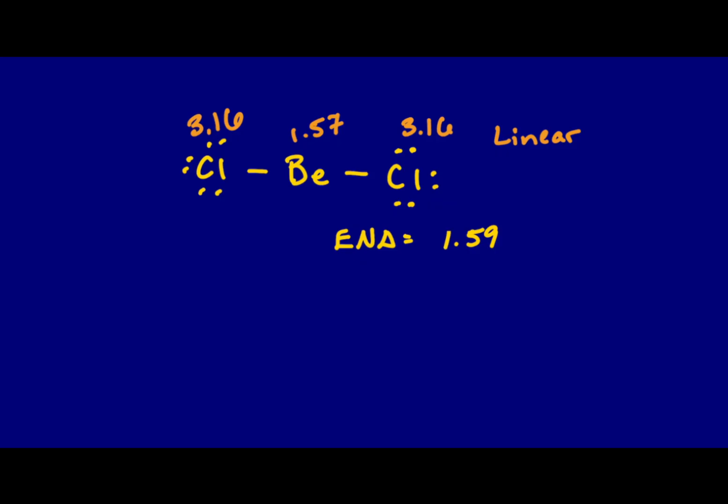So our next step is using our dipole arrows to represent the direction of the shared electrons. So the more electronegative element has the stronger pull. So the chlorines are going to have the stronger pull compared to the beryllium atom.